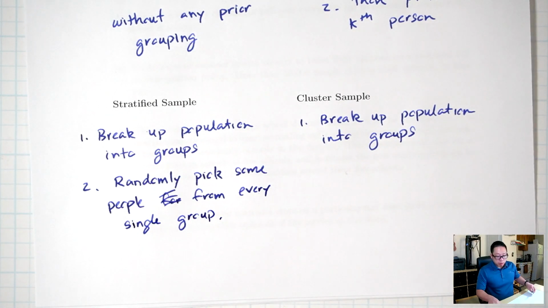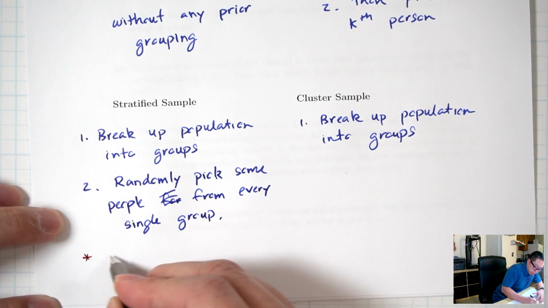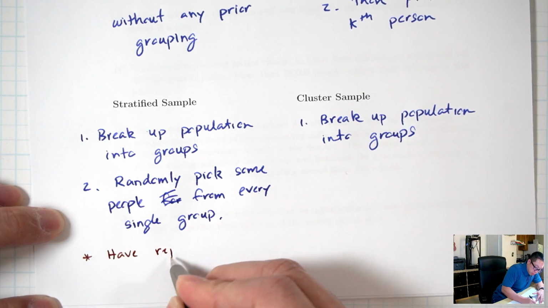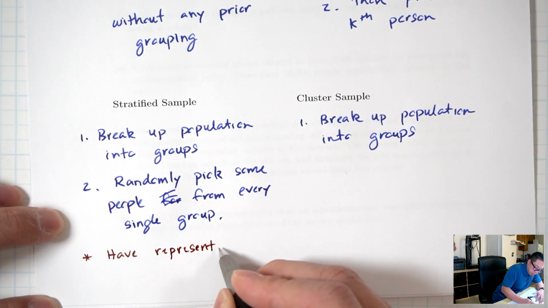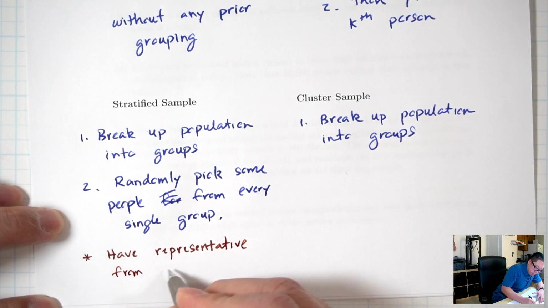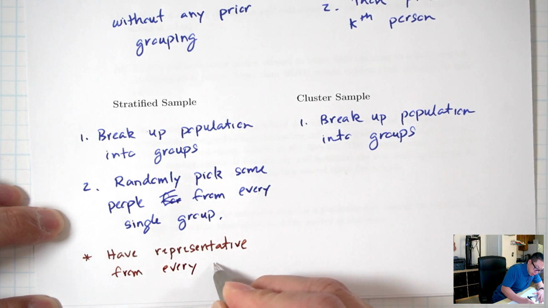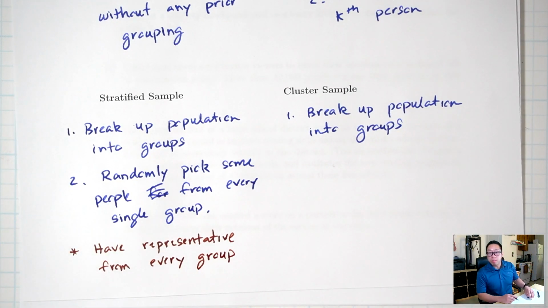Okay, and the key point here is that because you're picking some people from every single group, you have a representative from every group.